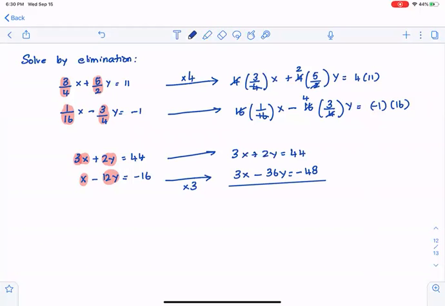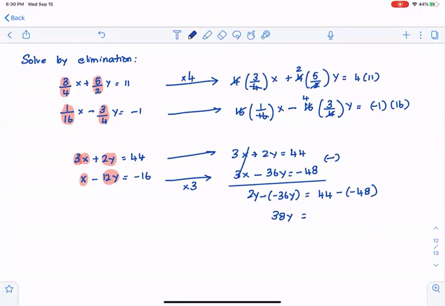Now I have to subtract the two equations. 3x and 3x would go away. 2y minus 36y would be equal to 44 minus 48. I'm subtracting the two equations. So 2y plus 36y is 38y.